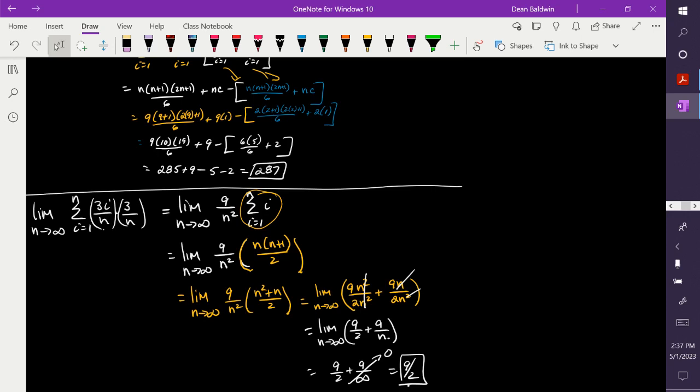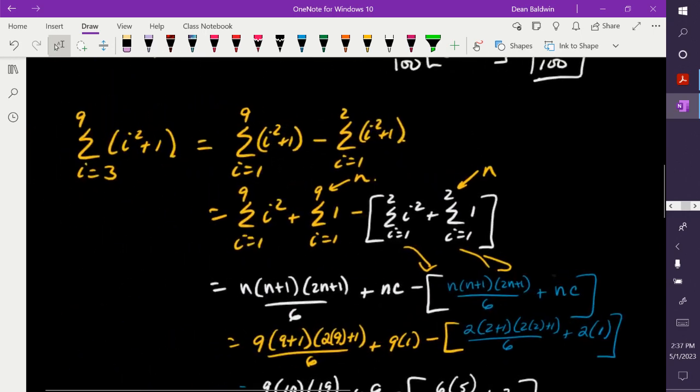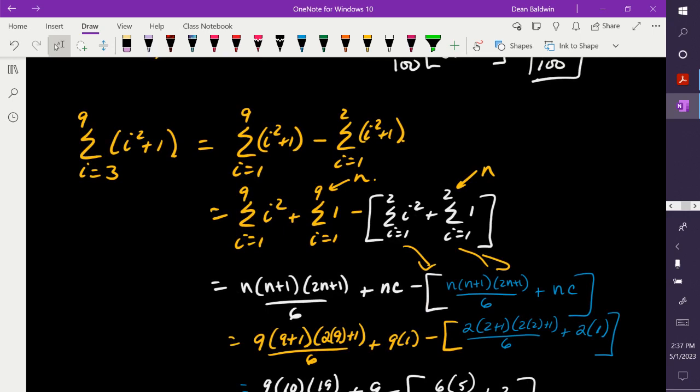That's what we did here. Then you use your formulas to convert the sigma notation into n notation for everything, and plug in your n's. Solve. Just be careful, because sometimes, especially if you're subtracting, the n's will be different.